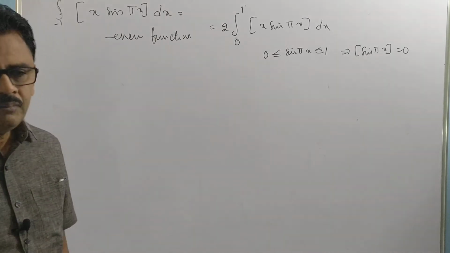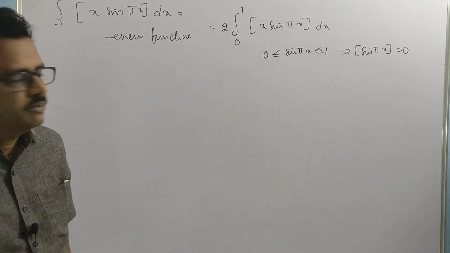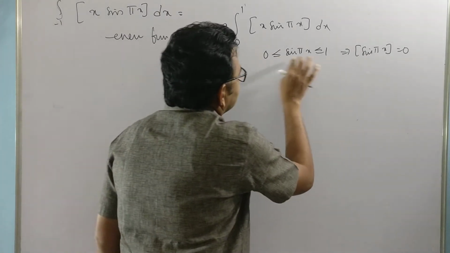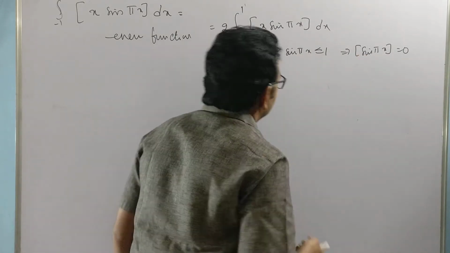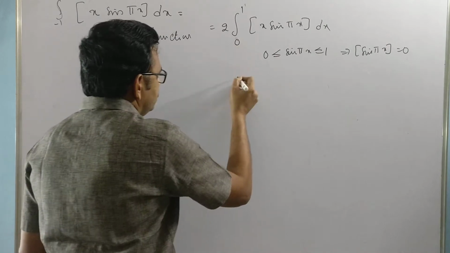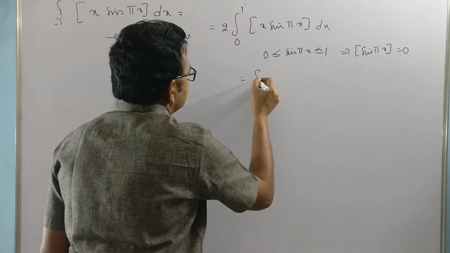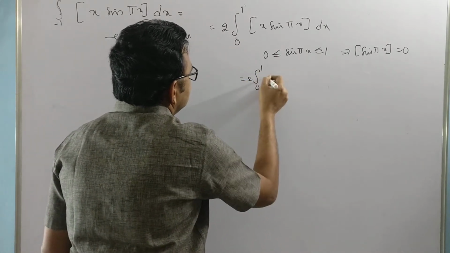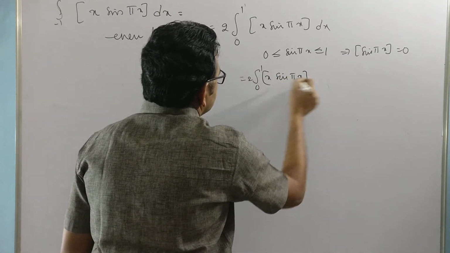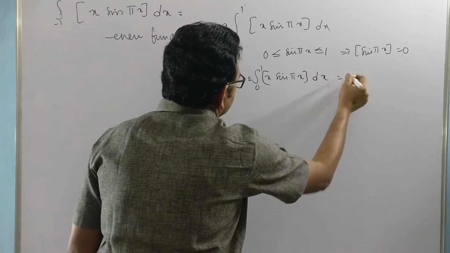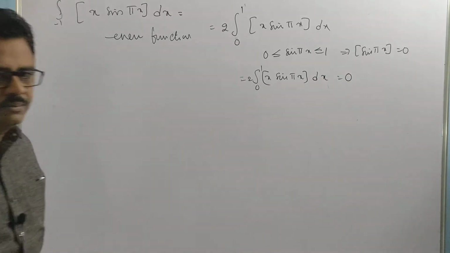What is the range of the sine function? Minus 1 to 1. But in the interval 0 to 1, the step of sin pi x becomes 0. So the value is totally 0. The integral from 0 to 1 of x into step of sin pi x dx is totally 0.